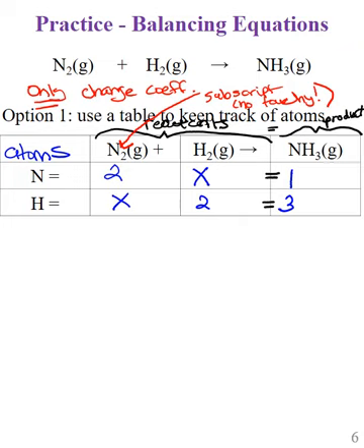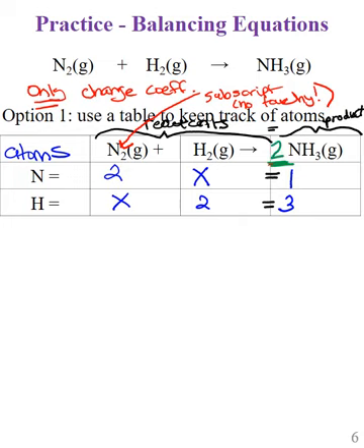Let's look at nitrogen for our first example. On the left we have 2 nitrogens. On the right we have 1. So for the smaller amount, which is 1, we have to put a number out in front to get 2 nitrogens. What times 1 equals 2? A 2.